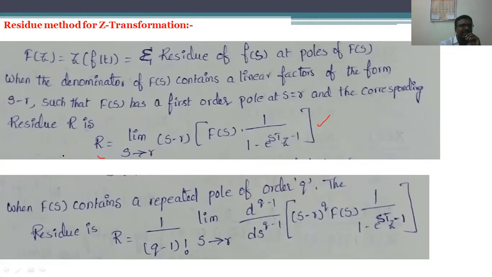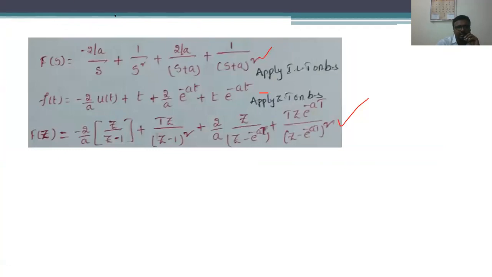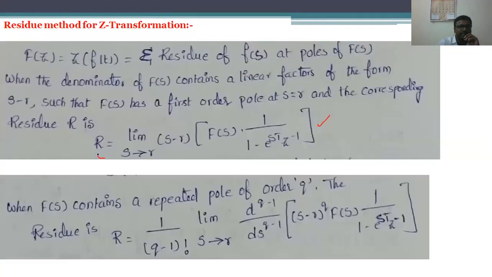Also, if we have repeated roots, as in the previous question we saw s plus a whole square, these are repeated roots. If repeated roots are there, we can obtain the residues for this one with this particular equation: 1 divided by (q minus 1) factorial, limit s tends to r of d power q minus 1 divided by d s power q minus 1 of (s minus r) whole power q into F(s) into 1 by 1 minus e power sT into z power.